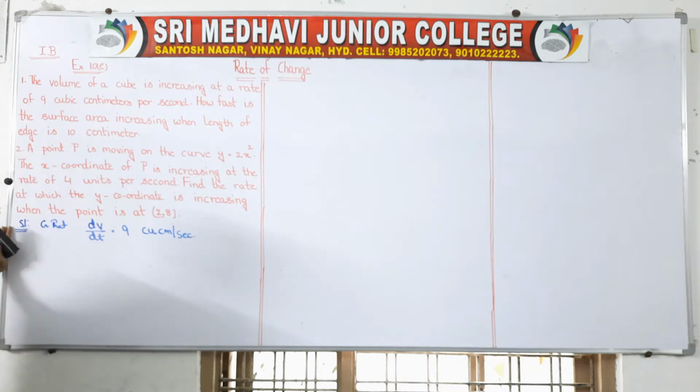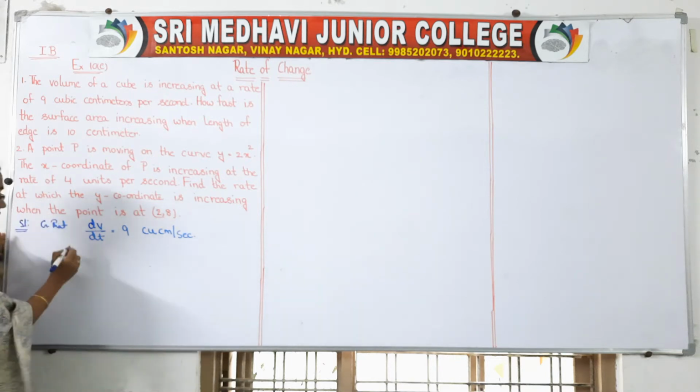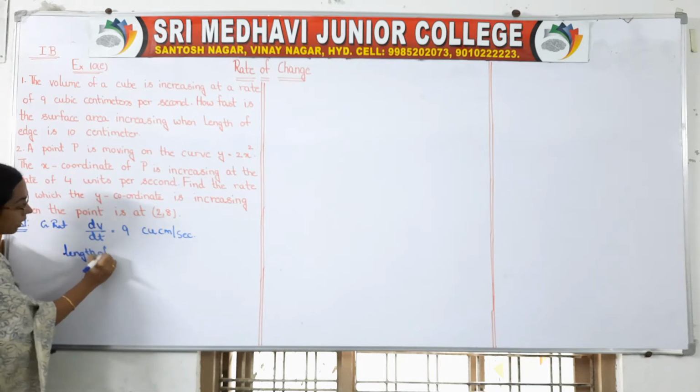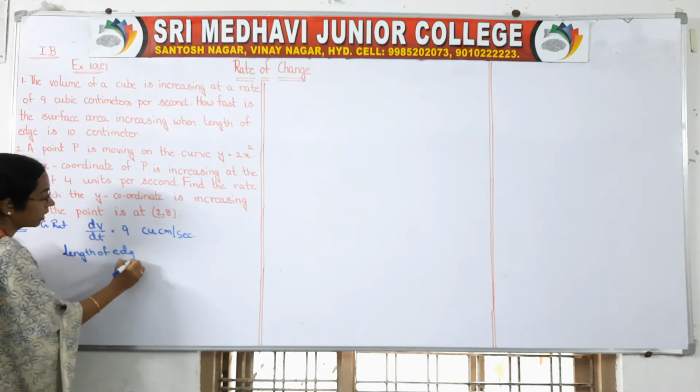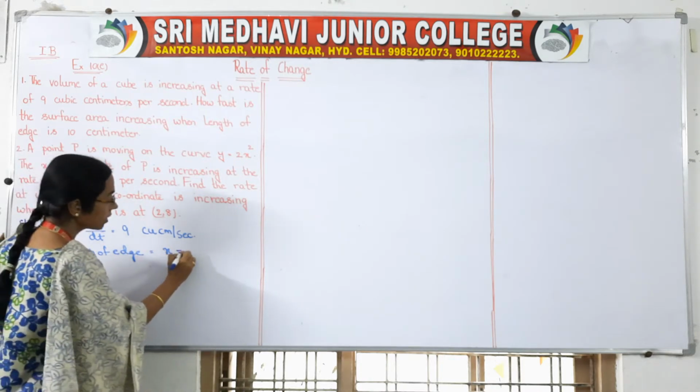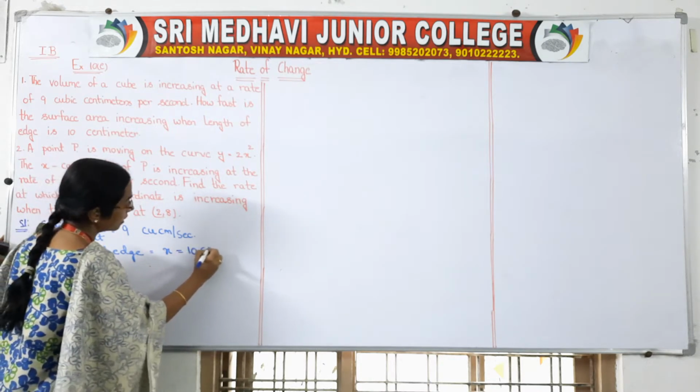Next, how fast is the surface area increasing when the length of the edge is 10 centimeters? Take the length of the edge as x, which is given as 10 centimeters.